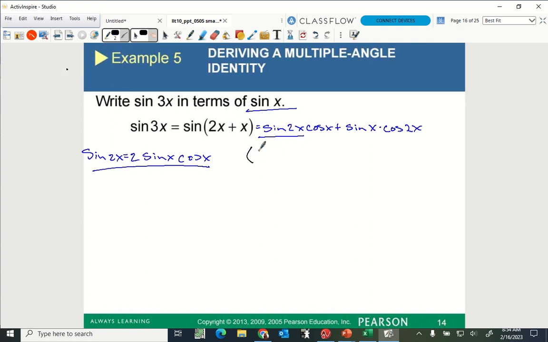So now this one turns into 2 sine x cosine x times cosine x plus sine x. Now that brings me to this. If I don't want cosines, and I have 3 different options for the double angle for cosine, which one do you think I should use?